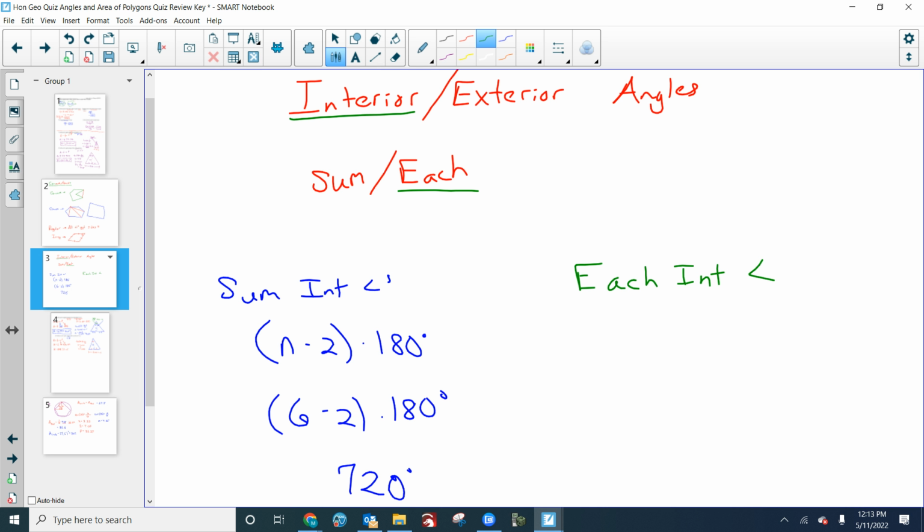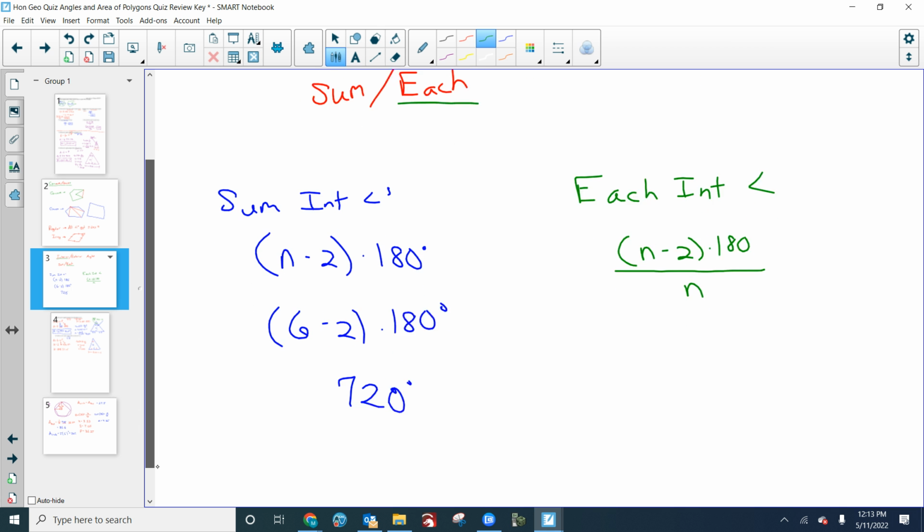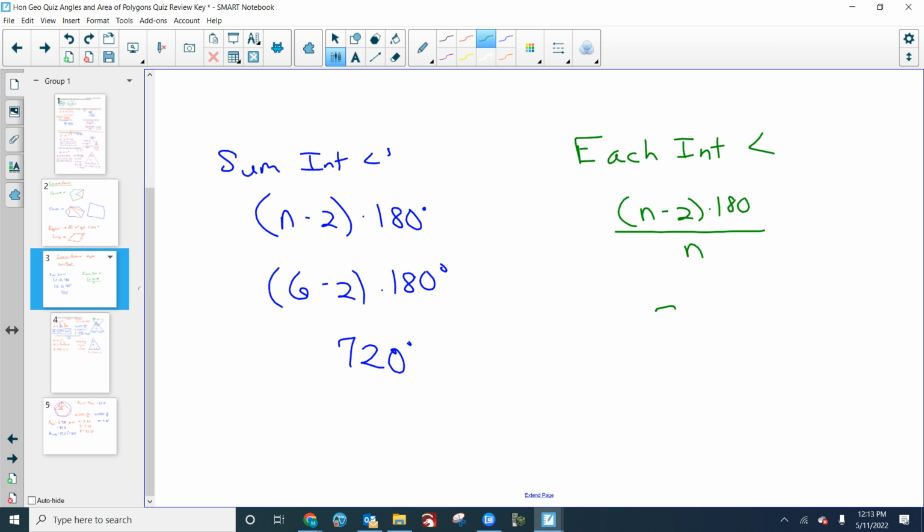and you want each interior angle, and they're all the same, aren't you going to take your n minus 2 times 180? That gives you the sum, right? But then in general, not just for hexagons, what do you divide by? Sides. Which is? N. Okay, well, my numerator was 720 for a hexagon.